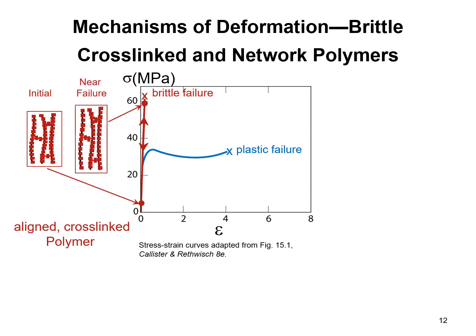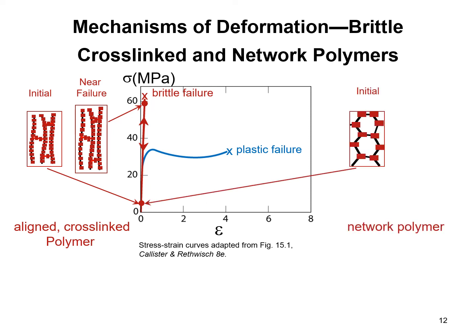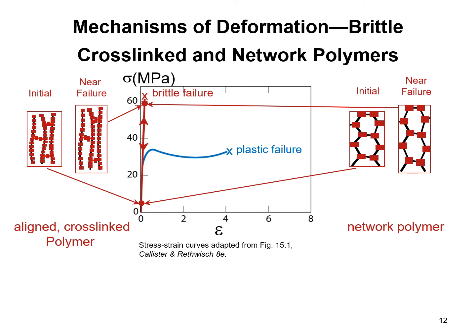And that is at the near failure, how the cross-linked polymer has deformed. If we compare that with the initial state of the network polymer, this is how we can illustrate the network polymer behavior. And lastly, at the near failure, this is how the network polymer behaves at the end of the deformation.